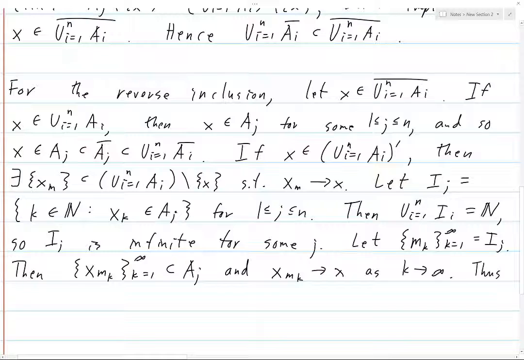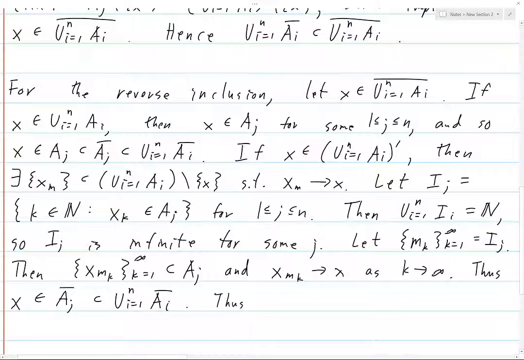Thus, what does this tell us? Well, then we have a sequence in aj which converges to x, which means that x is in the closure of aj, which is contained in the union from i equals 1 to n of ai closure. So, regardless of which x we choose from the closure of the union, x will also be contained in the union of the closures.